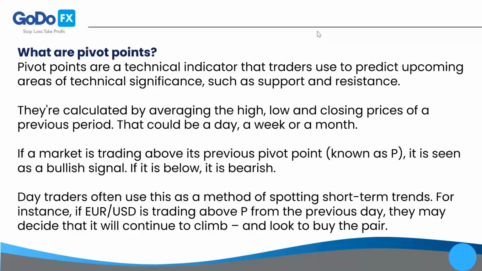Day traders often use this as a method of spotting short-term trends. For instance, if EURUSD is trading above P, the pivot point from the previous day, they may decide that it will continue to climb and look to buy the pair, logically speaking.